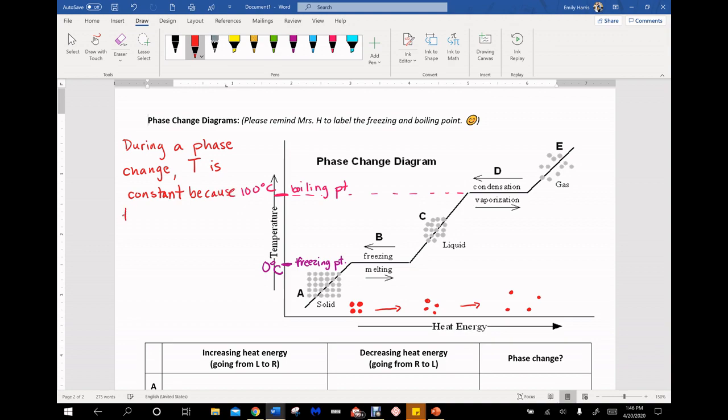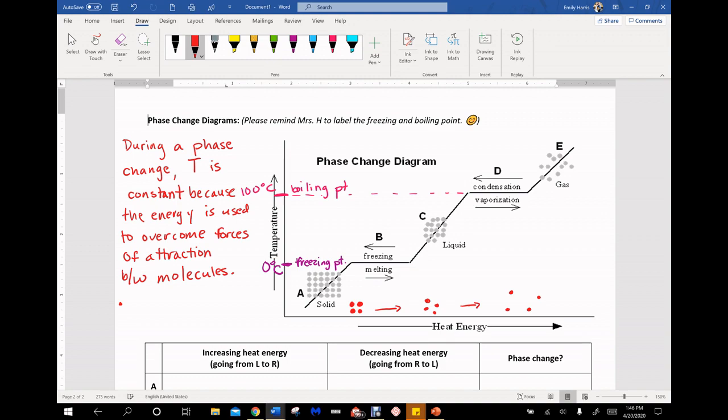Because the energy is used to overcome forces of attraction between the molecules, and those are known as intermolecular forces. You might remember those from Unit 6. Okay.